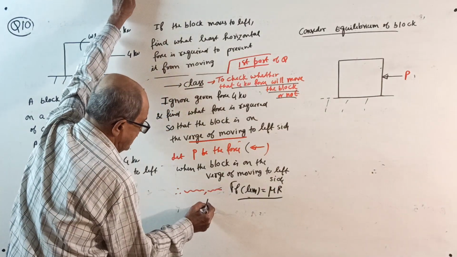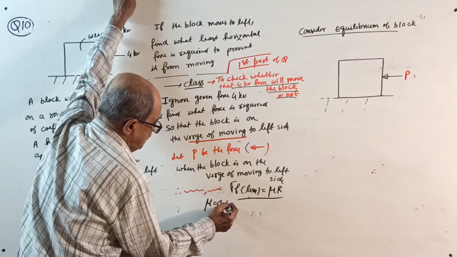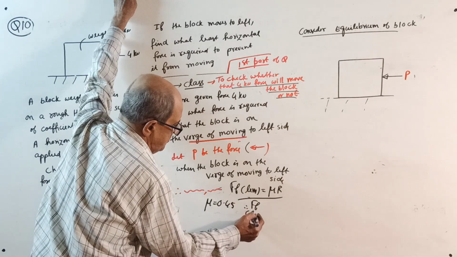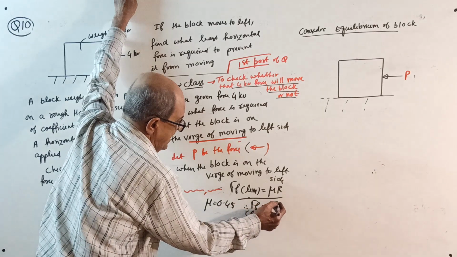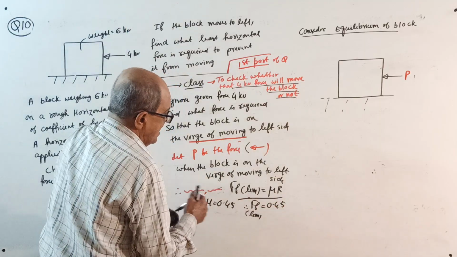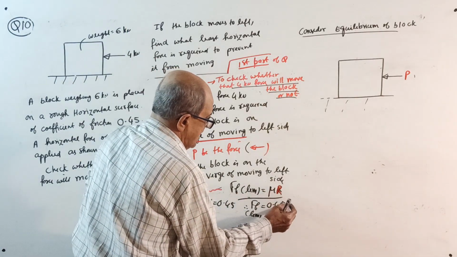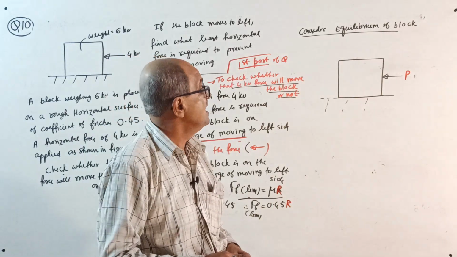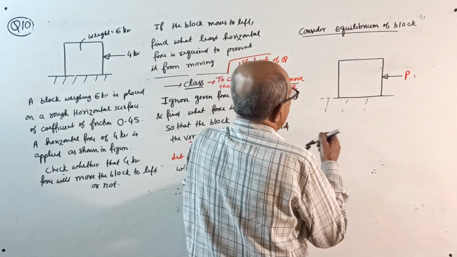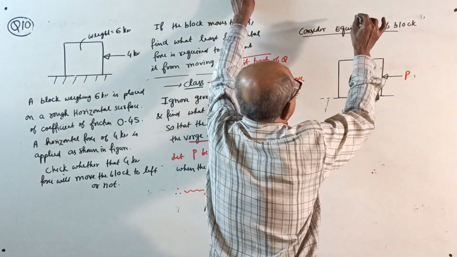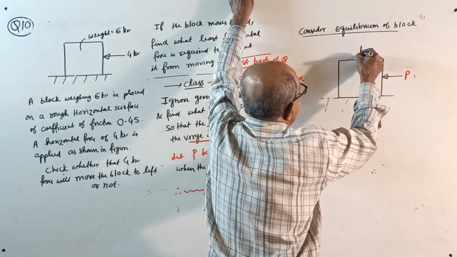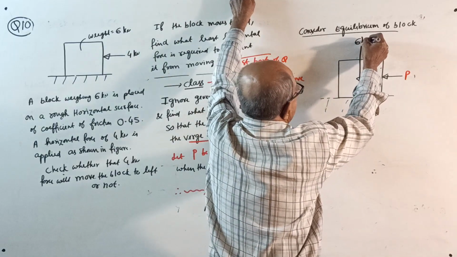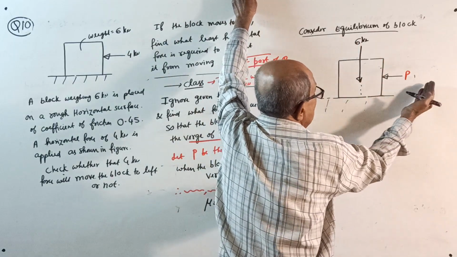In the question given, mu equal to 0.45. Therefore, your F limit, if you don't write, you are losing, equals 0.45 into R. R is unknown, where R is the normal reaction. Now consider equilibrium of the block. Weight acting down, how much? 6 kilonewton. Normal reaction will slightly shift to this side since it is moving this side.